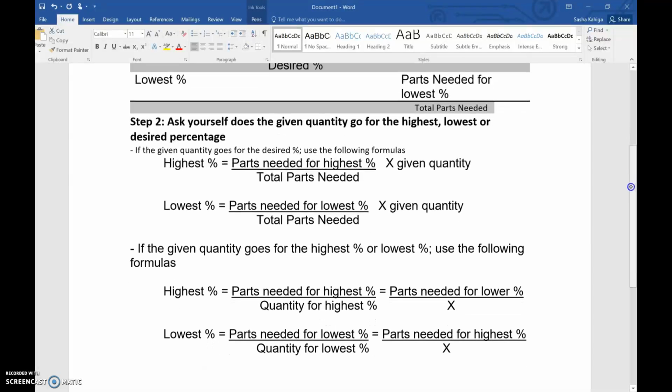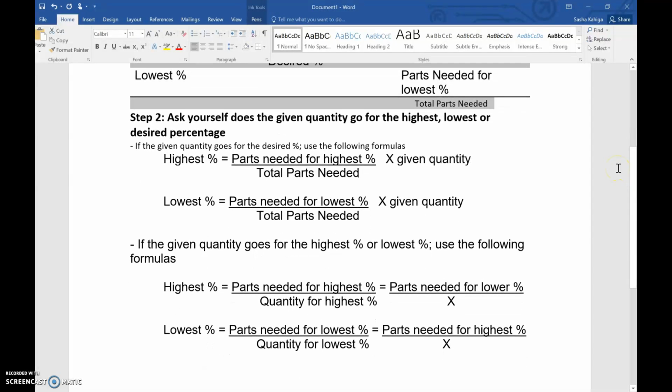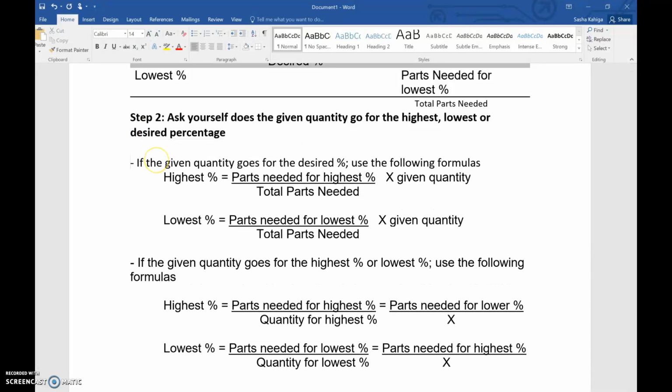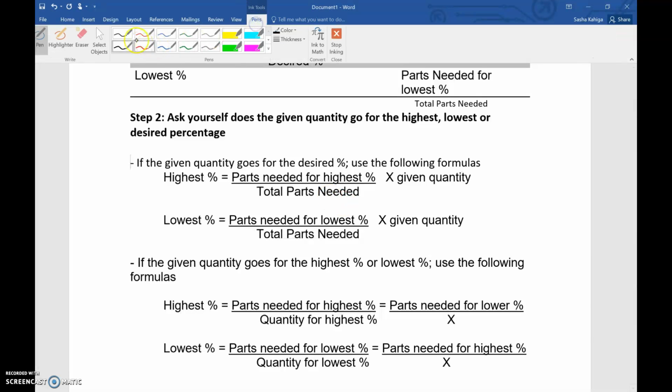All right. And then, your second step, you ask yourself: does the given quantity go to the highest, the lowest, or the desired percentage? Depending on how you answer that question is how you would solve the problem. If the given quantity goes for the desired percentage, you're going to solve the problem using these two formulas.